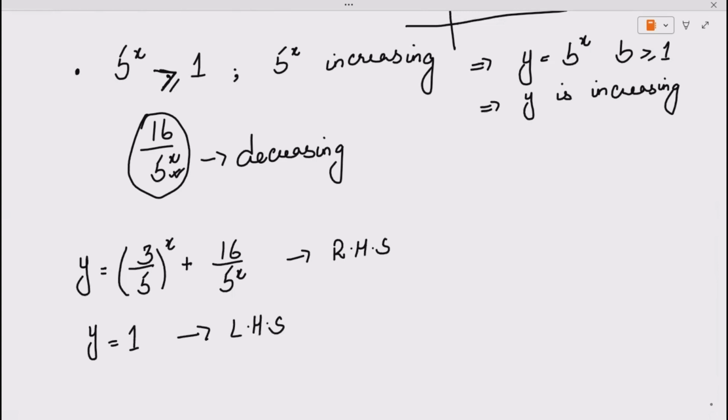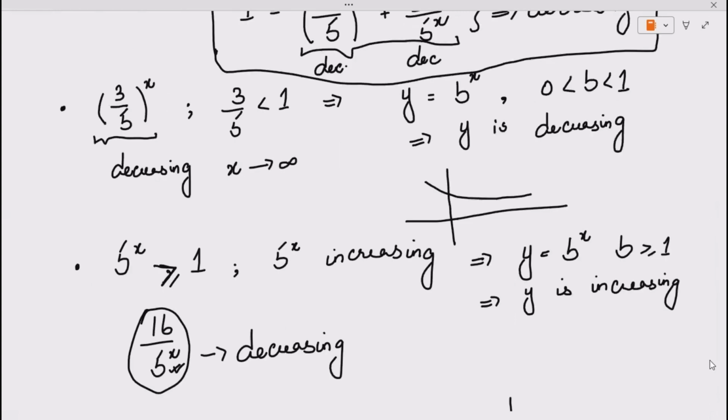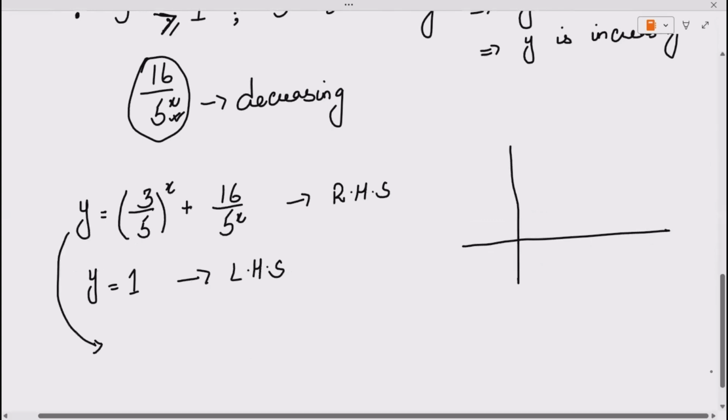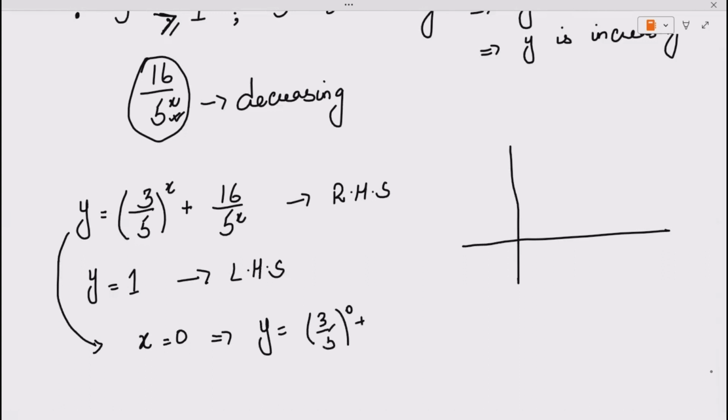Now this is decreasing, right? And when I am trying to find out the graph of it, if you put x equals 0, what do you get? y equals (3 upon 5) raised to the power 0, plus 16 upon 5 raised to the power 0.